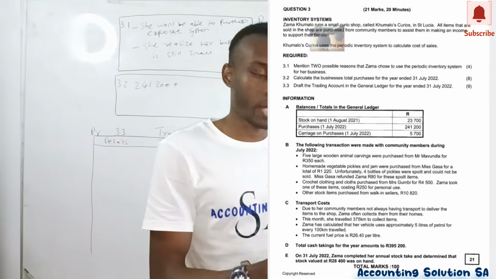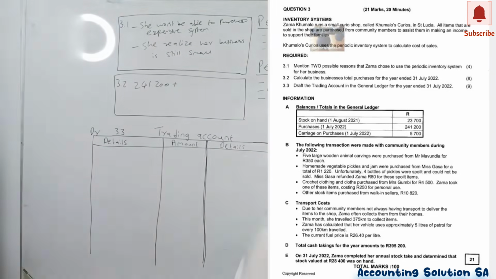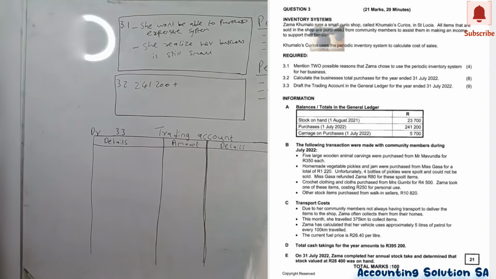Okay, then number B, they said 5 larger wooden animal carvings were purchased from Mavunja for 350 each. Okay, they purchased 5 wooden.